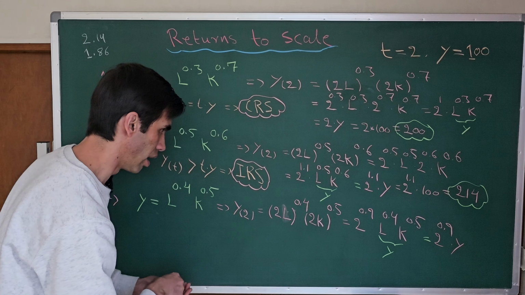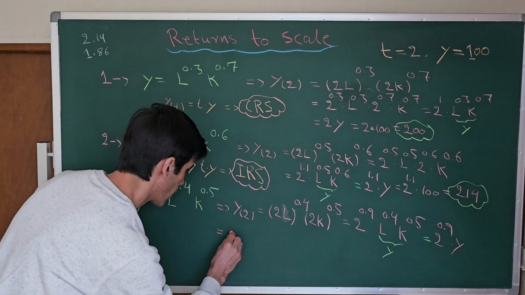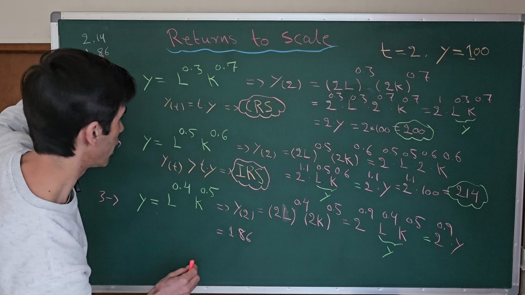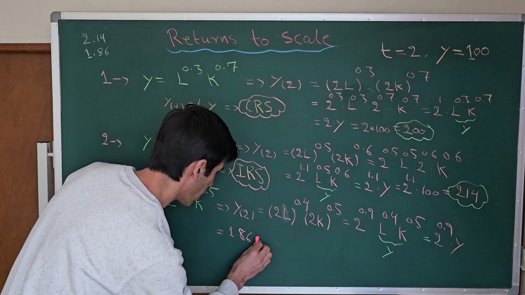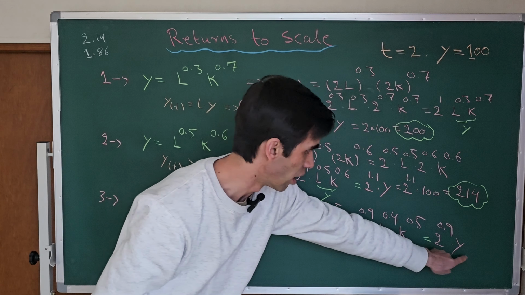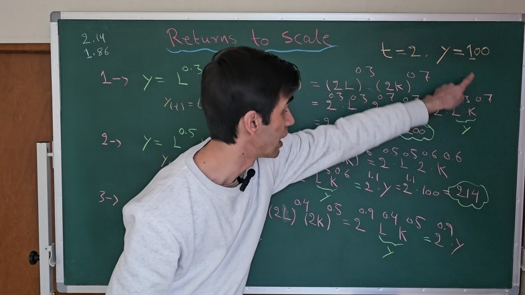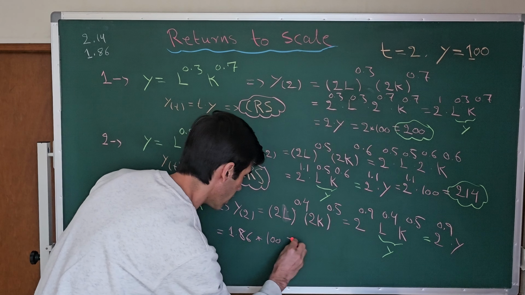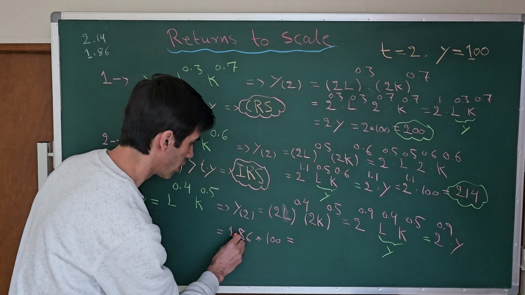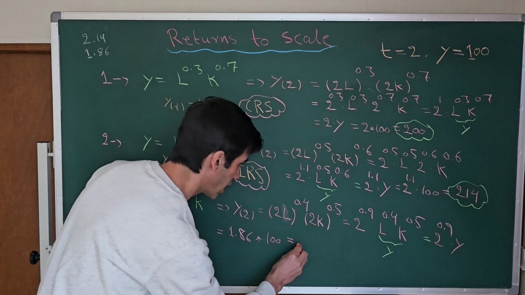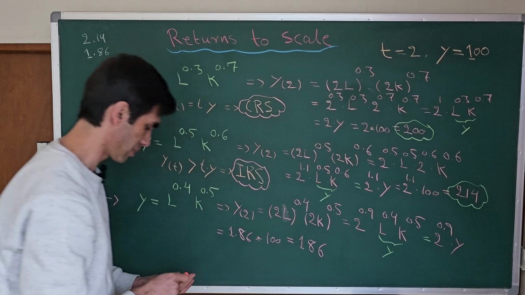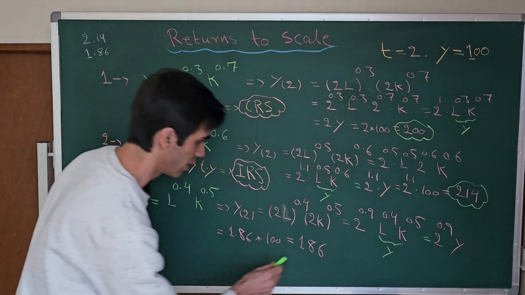Then we can write down 1.86 multiplied by Y. Our initial output level is 100, so 1.86 multiplied by 100 becomes equal to 186.